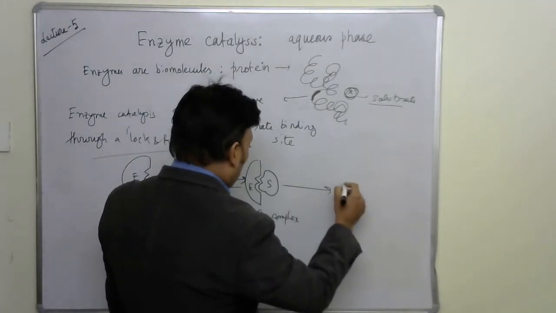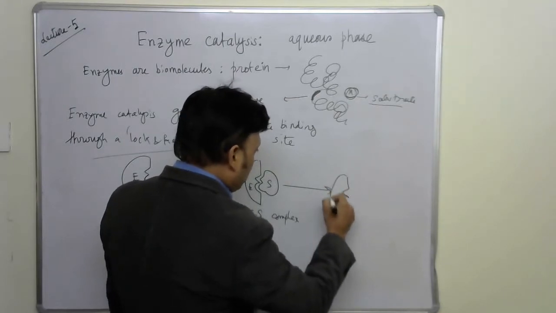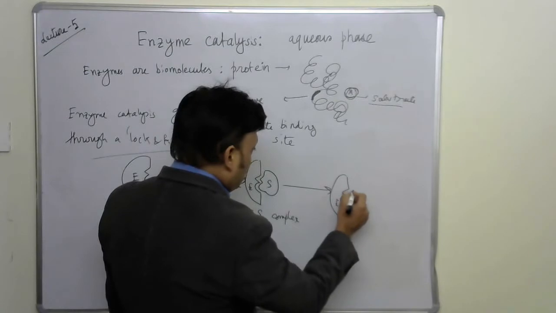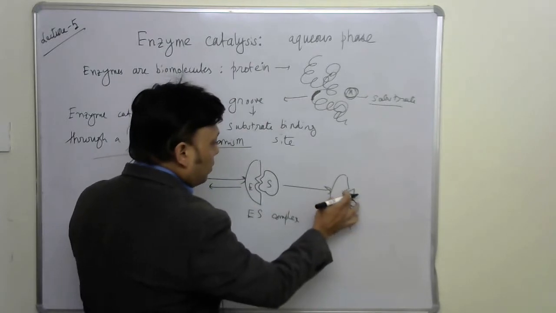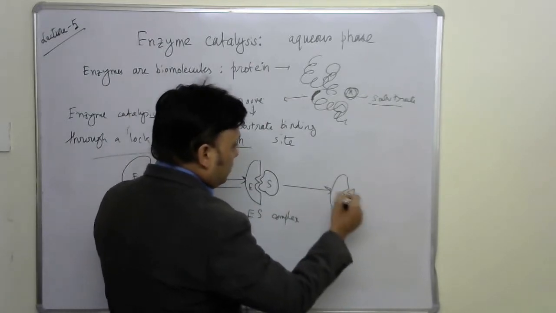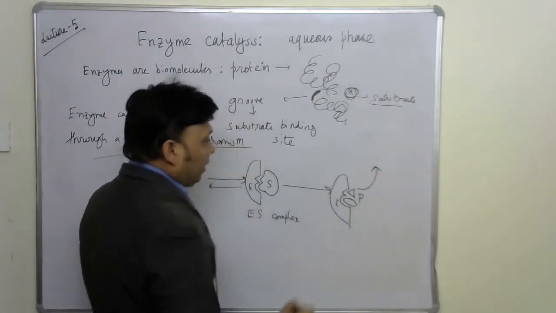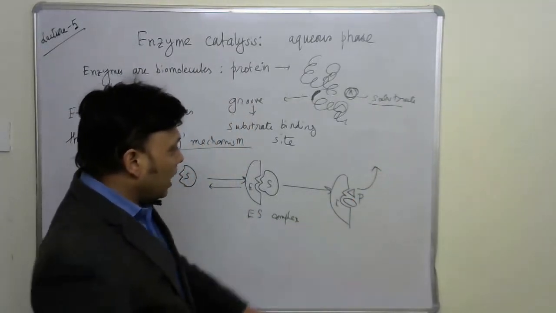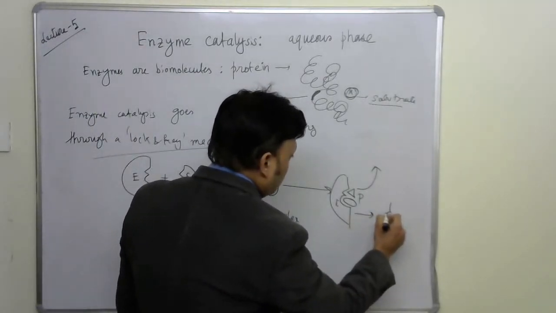After the end of the reaction, the enzyme stays the same, but the substrate is converted into the product. So I'm drawing the two products. This product P would then be released from the binding site, and the enzyme would be free again. Okay, so I'm drawing another picture over here.